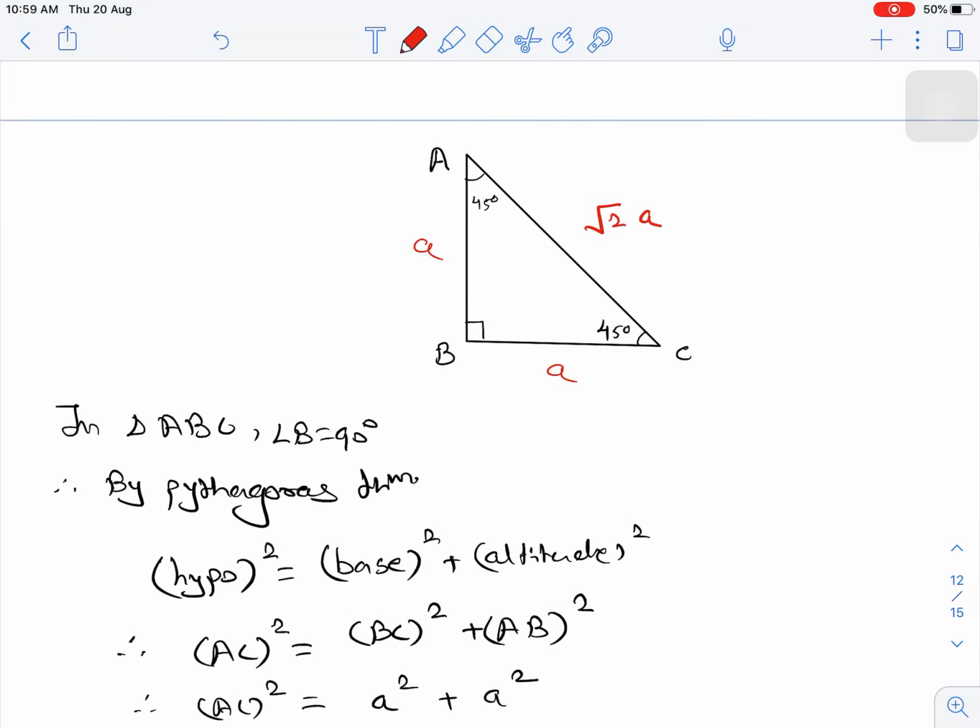Now we are going to find the trigonometric ratios for angle 45. You can use any angle, this one or this one, both are the same. We will use this angle, that is angle C. Instead of considering it as angle C, we will pronounce it as angle 45, so I'm just removing this one.